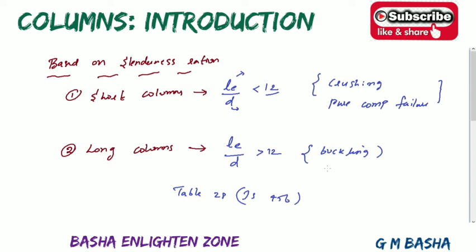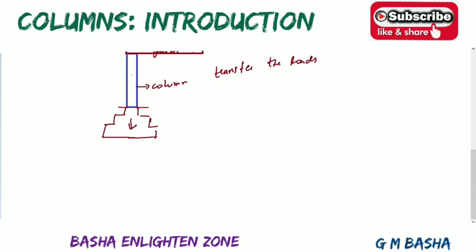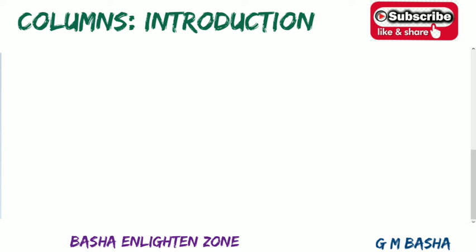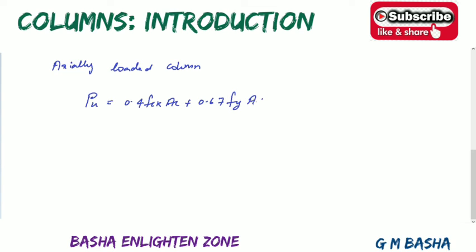Then there will be some formulas which will be very useful to solve the design problems. For load carrying capacity of axially loaded columns, there is one formula which is also in your code book. This formula is very useful and it is better to remember: Pu = 0.4 fck Ac + 0.67 fy Asc. Here fck is the characteristic compressive strength of concrete.